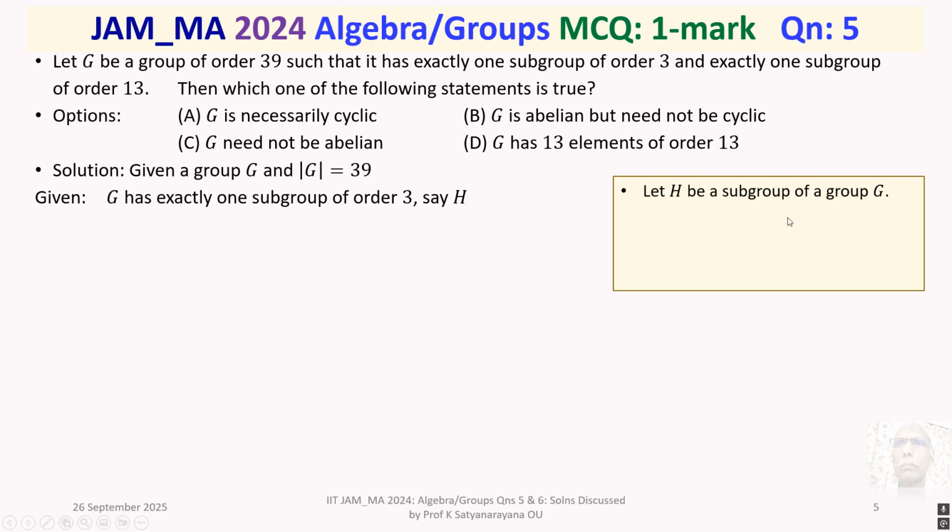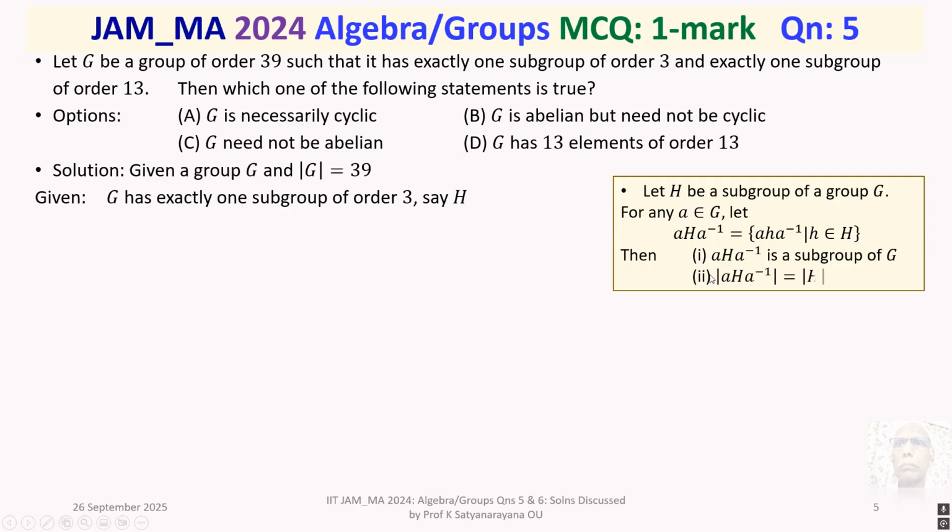studied this problem. The problem is, let H be a subgroup of a group G. For any a belongs to G, let aHa inverse be the set of all elements aha inverse, where h comes from H. Then aHa inverse is a subgroup of G, and the order of that subgroup is the same as the order of H when H is finite.